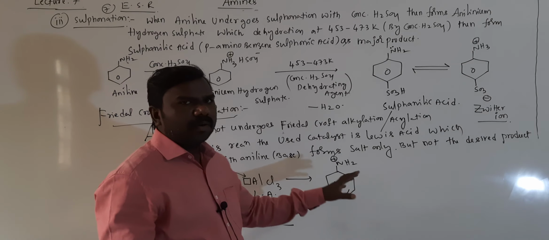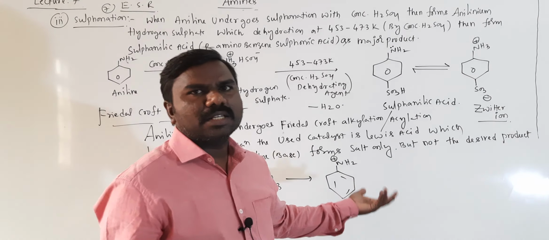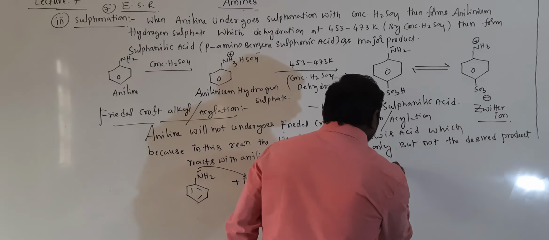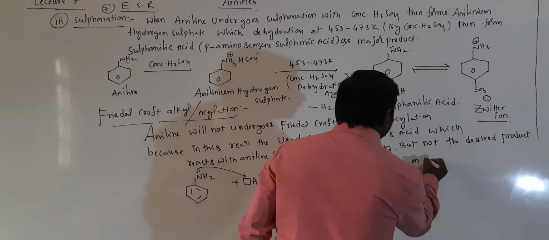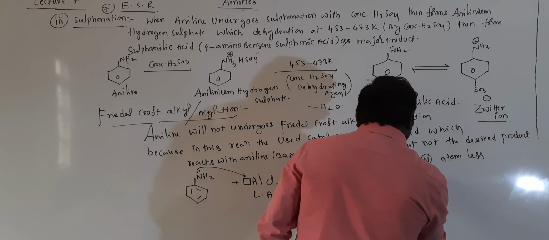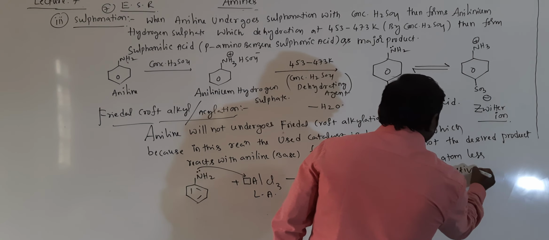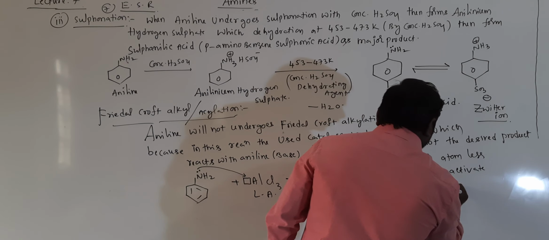The lone pair on nitrogen is not available to activate the benzene ring, students. That's why no reaction. The lone pair on nitrogen atom is less available to activate the benzene ring.